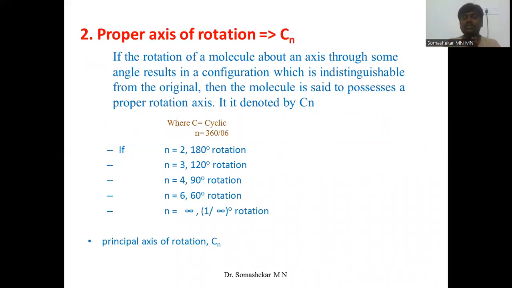Next, coming to the second one, that is the proper axis of rotation, represented by Cn.